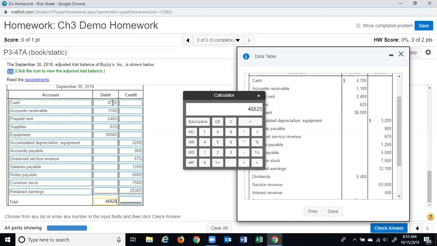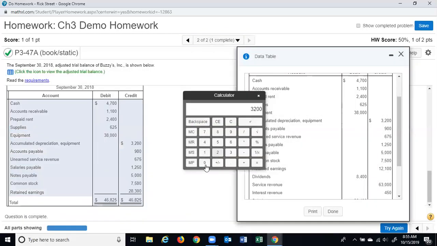So if you trust yourself explicitly, you could put 46,825 here. Or you could take your calculator and start counting down. Minus 28,300, minus 7,500, minus 5,000, minus 1,250, minus 675, minus 900 equals 3,200. So we know it's going to zero. We're good to go. We check our answer and we are done.